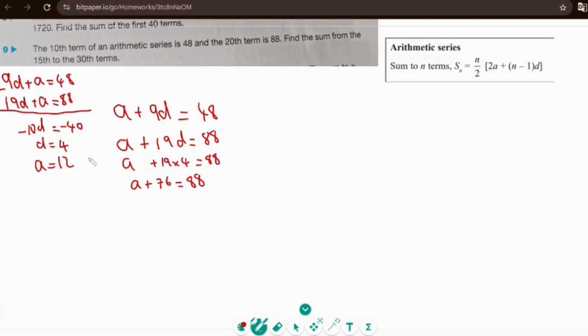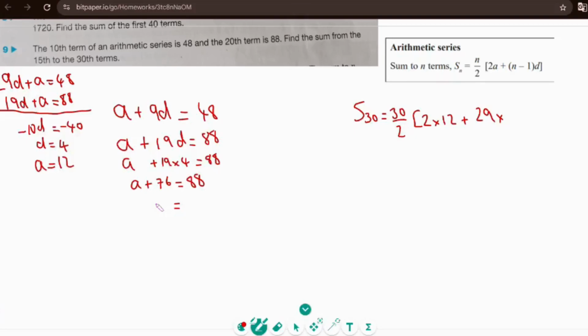Now, I want the sum from the 15th term to the 30th term. So let me get the sum of the first 30 terms first. A is 12. Oh, I'm sorry, I haven't finished solving this. Sorry, yeah, no. I had finished solving it.